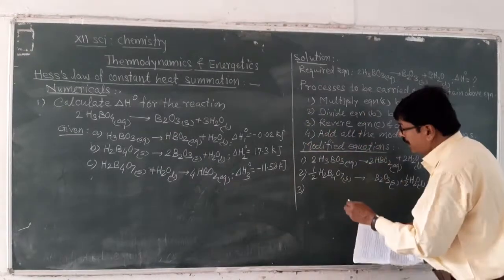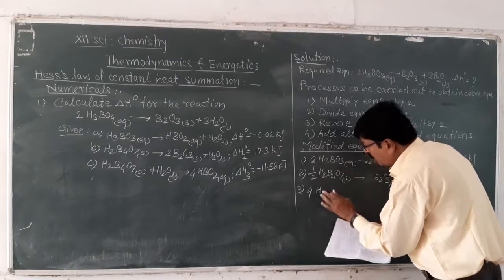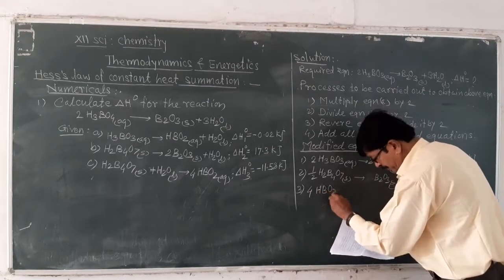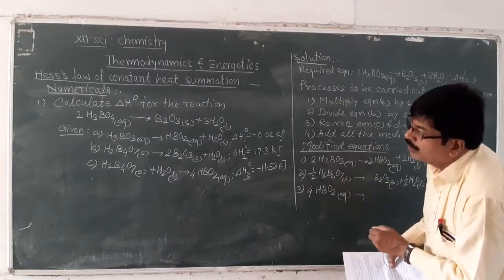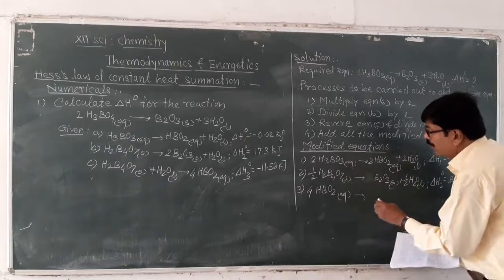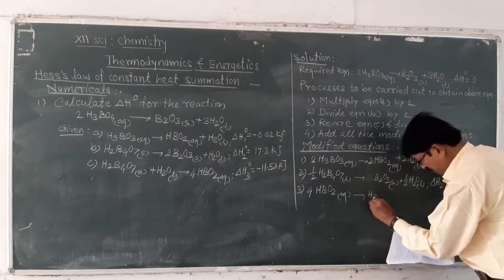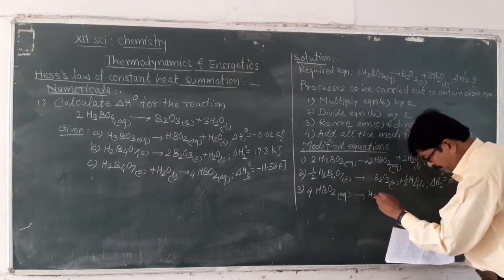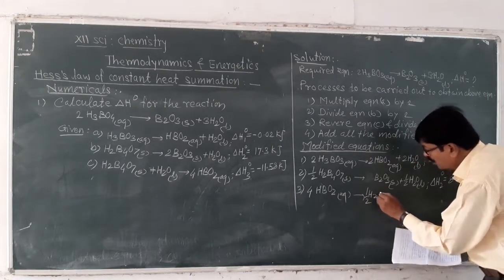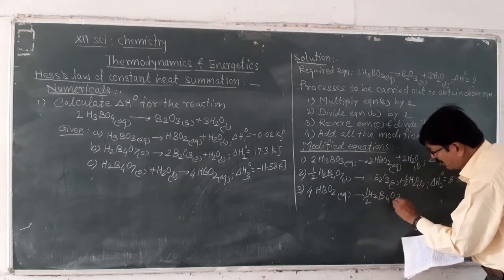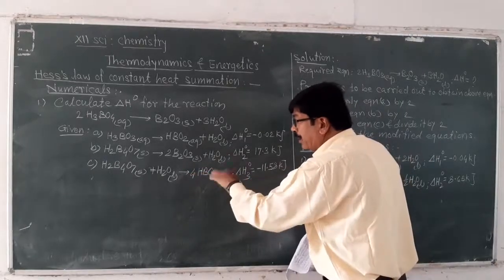And third equation, we have to reverse this equation, that means products are written as reactants and reactants as products. That means you will get 4 HBO2 aqueous gives H2B4O7 plus H2O. Here you have to reverse this and again divide by 2.